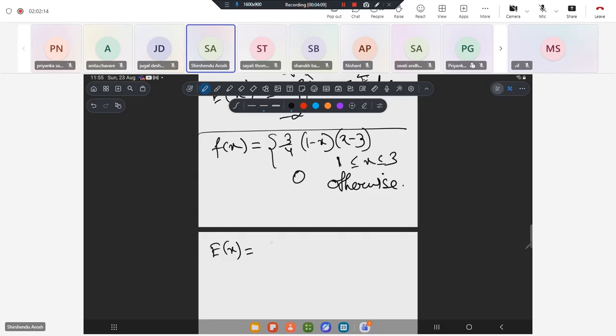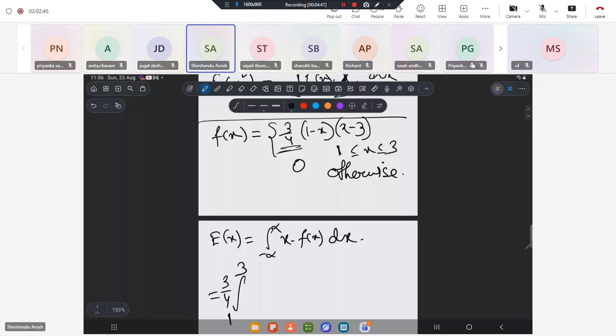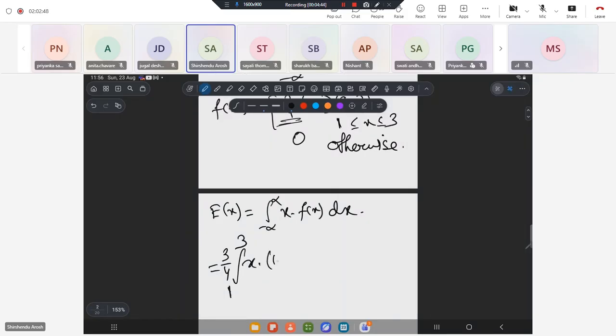So for this, as per the formula, x multiplied by fx dx. Now since x is between 1 and 3, change the limits to 1 and 3. So 3 by 4 outside because it's a constant value. Let's take 3 by 4 outside. So it will become x multiplied by (x minus 1) multiplied by (3 minus x).